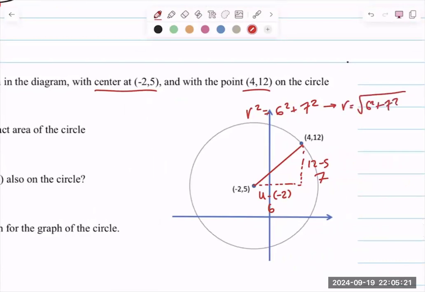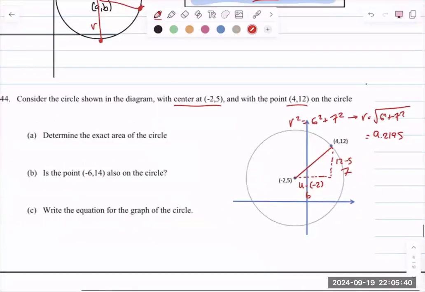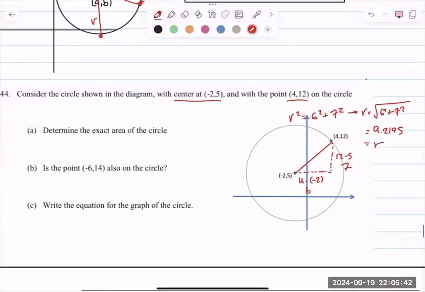Put that in your calculators. I'm going to get that this is equal to around 9.2195, okay? And so my radius, this is my radius, 9.2195 units.